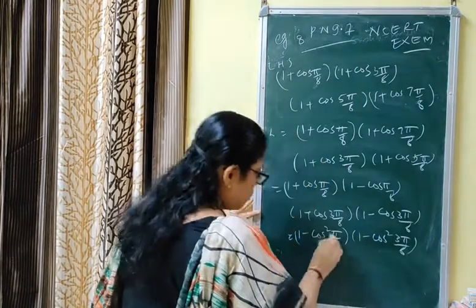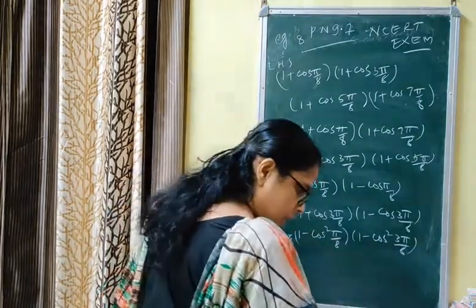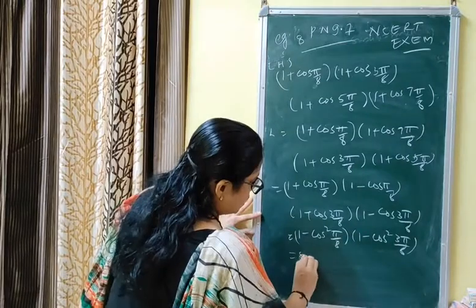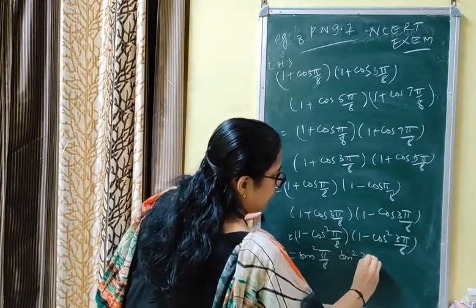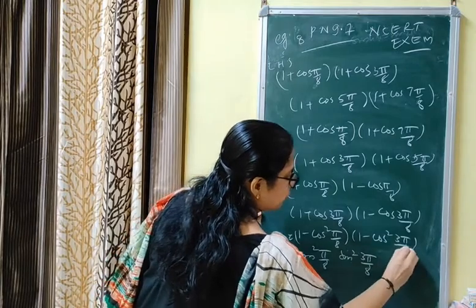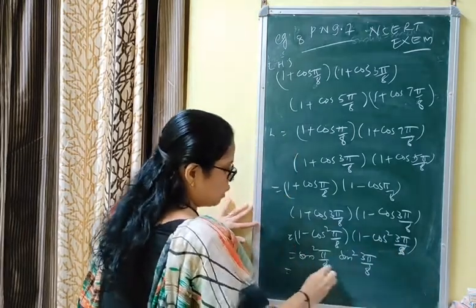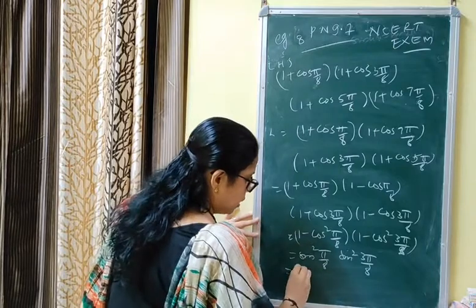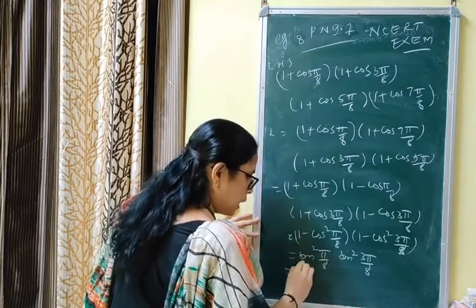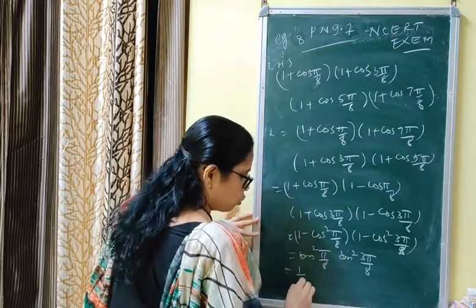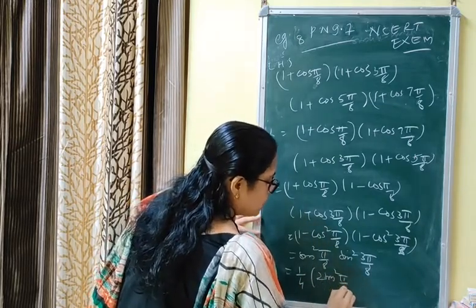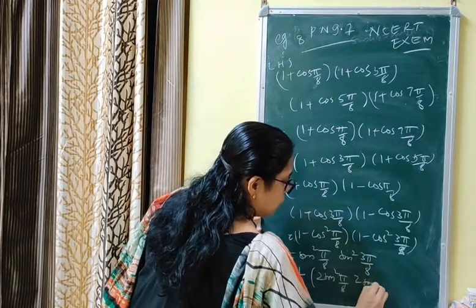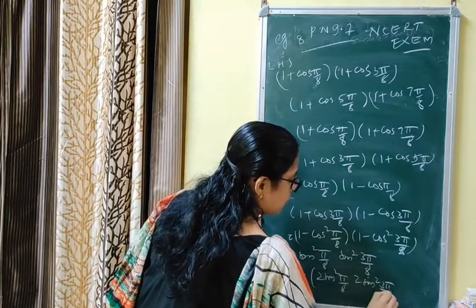That means this is sin square pi by 8, into sin square 3 pi by 8. Now you multiply it by 2, so that you can use the formula 2 sin square x. You have to multiply each term by 2, that is 2 into 2, 4, so you have to divide it by 4. 2 sin square pi by 8 into 2 sin square 3 pi by 8.